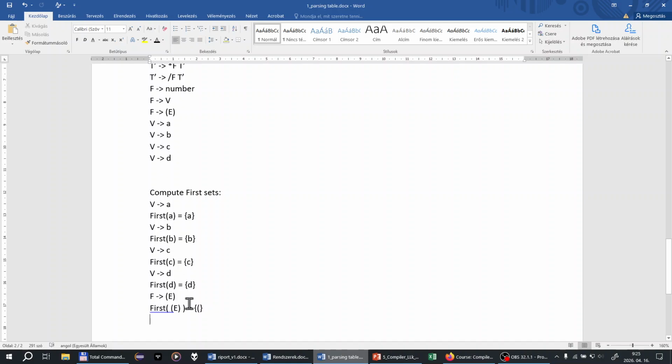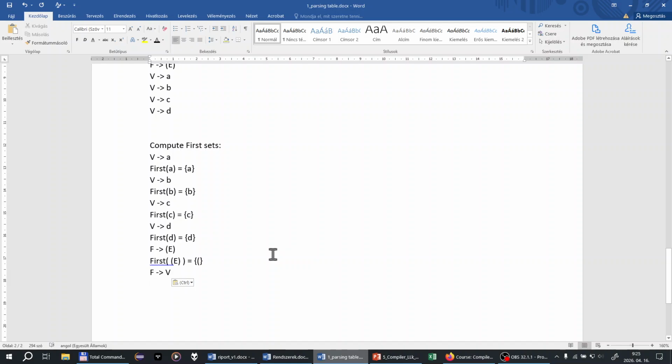For the V, we have the union of all grammar rules, so as a consequence of the first 6 statements, first V equals A, B, C, and D as a consequence of the previous 4 steps. Okay.